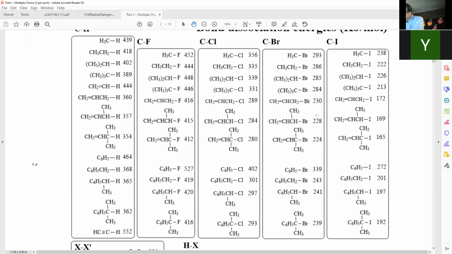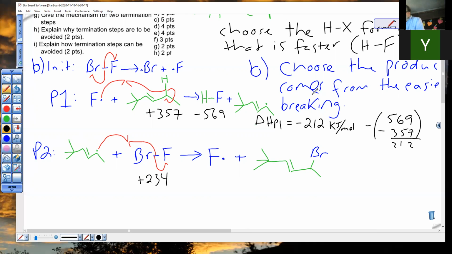Negative 228. Remember that. Ooh, this is actually endothermic, isn't it? 234 minus 228 is 6. Units, please.